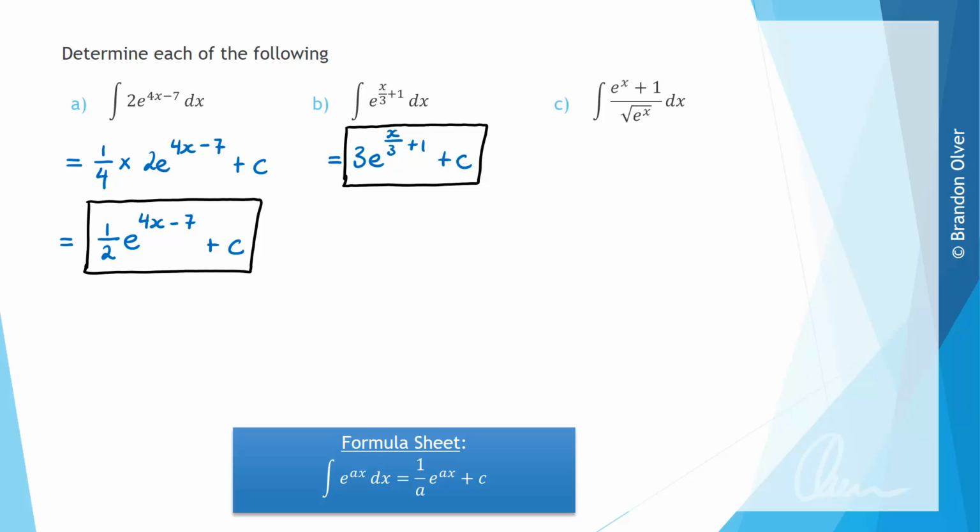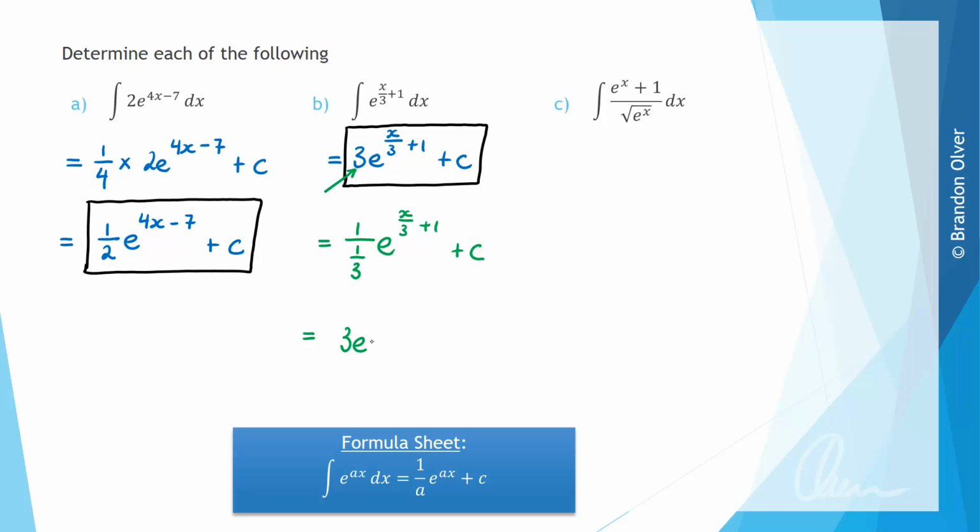However, just in case you needed to see this question done again in a slightly different way, we could say this would be equal to 1 divided by the coefficient of x, which is a third, times e to the power of x on 3 plus 1, plus c. And 1 divided by a third is that 3 we were talking about back up here.